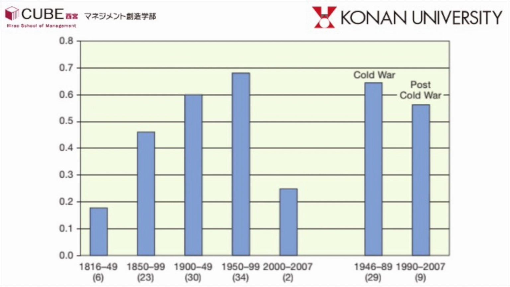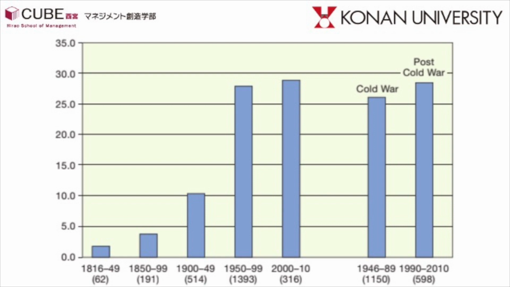The number in parentheses at the bottom is the total number of interstate wars launched during the period. So in this figure, we can see that after steadily increasing for almost 2 centuries, the average annual incidence of interstate wars has declined since the end of the Cold War.